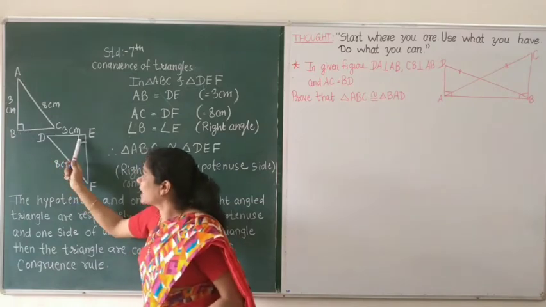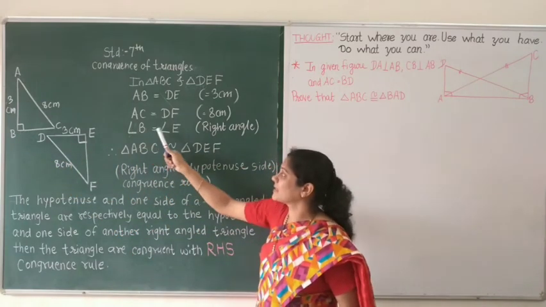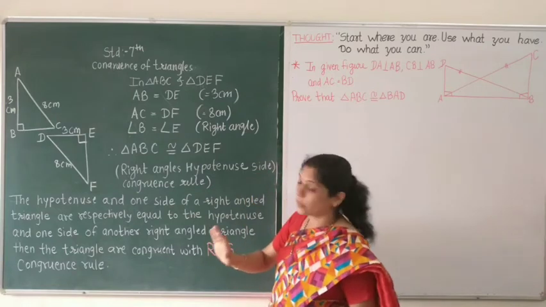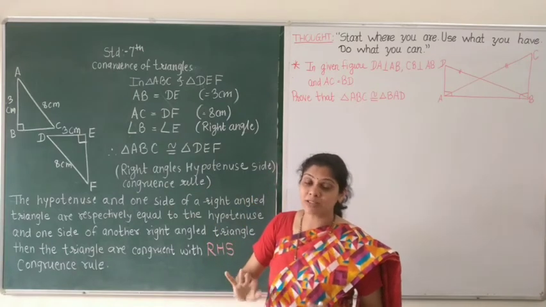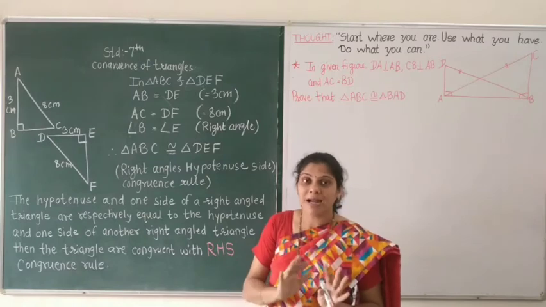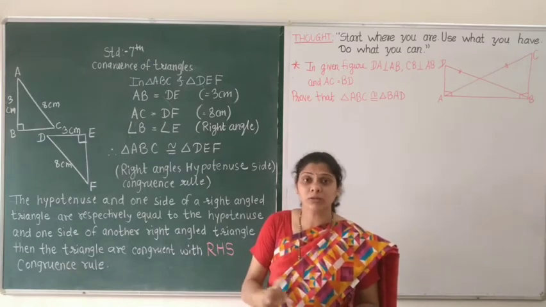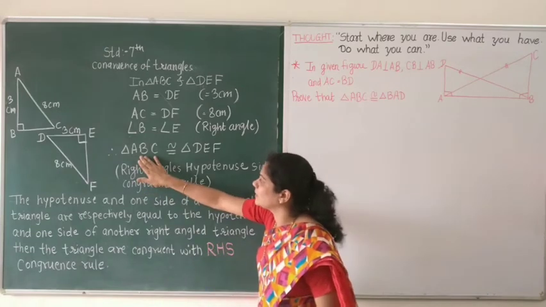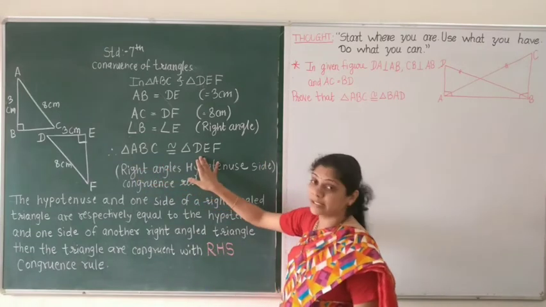Angle B and angle E: angle B is equal to angle E because both are right angles. So we get here three parts of the triangles, and it is enough to prove that both triangles are congruent. So directly we can write here triangle ABC is congruent to triangle DEF.